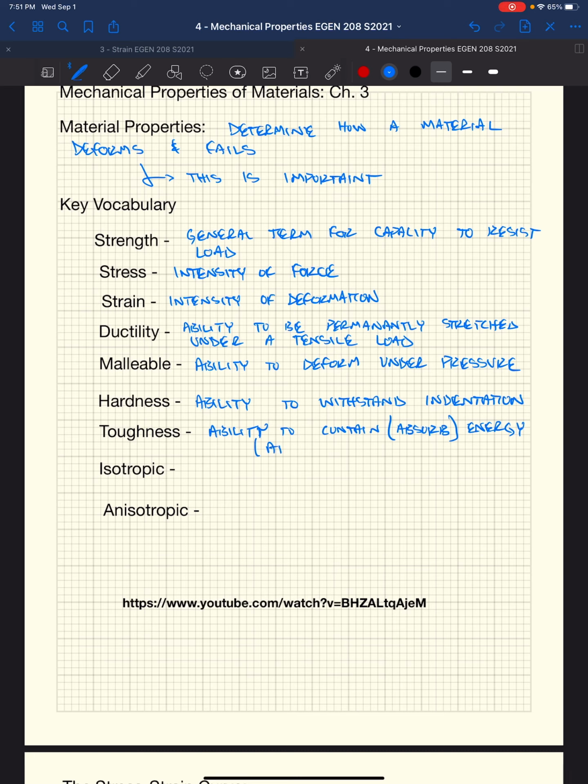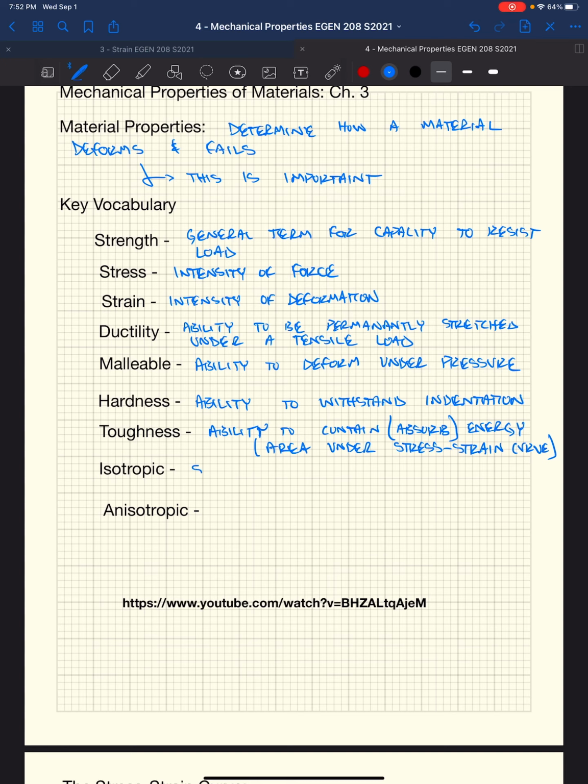Toughness is what we would call the area under the stress strain curve, which we'll go through shortly.